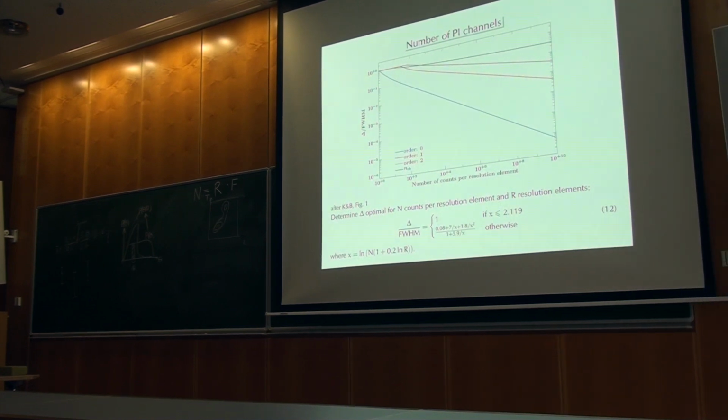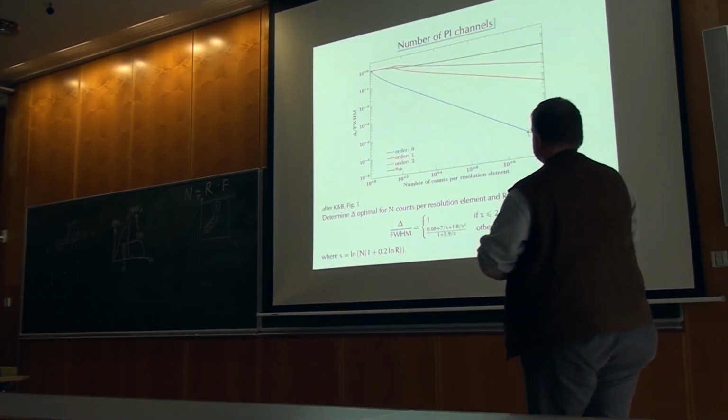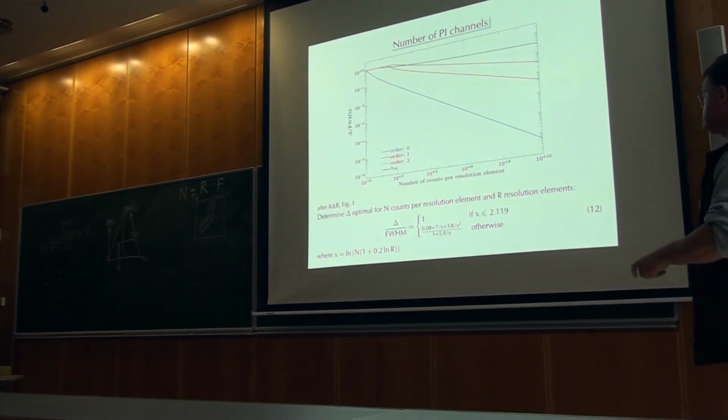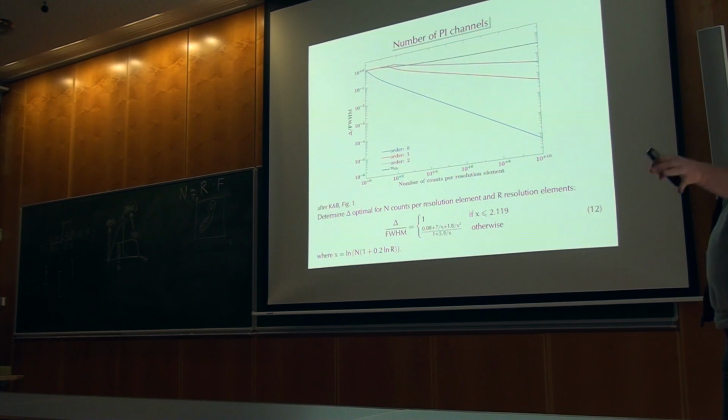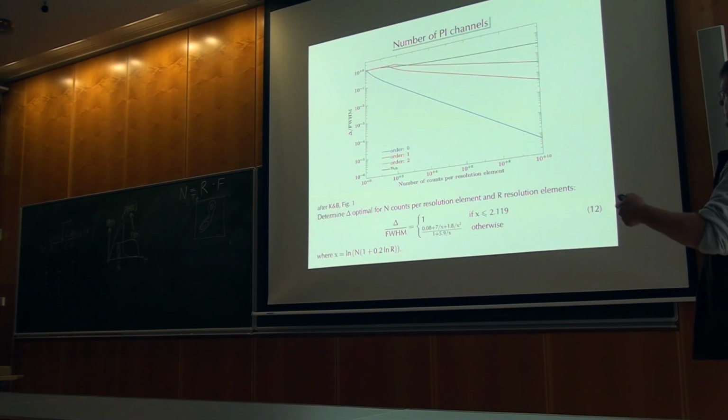And the nice thing is that using Monte Carlo simulations, one can show, and again, this is shown in Kaastra and Bleeker, that if you choose your delta per resolution element according to this function here, in which you plug in how many photons you want per resolution element, and you just set the n to 1, and for the resolution, well, you know what your resolution is, so you can derive this. You can derive how you should bin your channels.